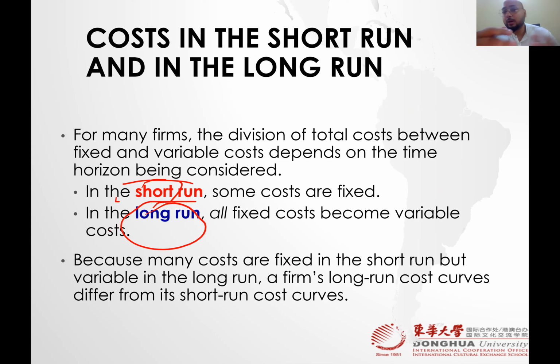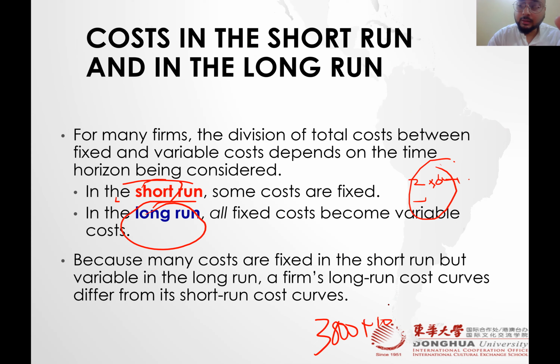How? For example, you are paying rent right now. For example, in Shanghai, you are paying rent of 3,000 for a room, and it is increasing by 10% every year. So for 1 year, 3,000 is fixed.